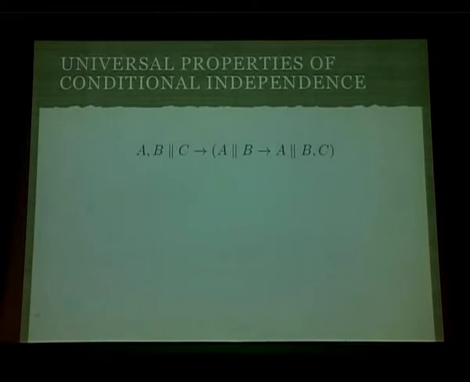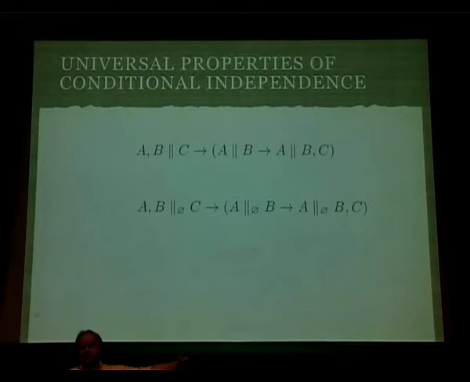So this is the most interesting axiom that I discussed before, the exchange axiom. If I add the empty set everywhere, it means I don't fix anything here and don't fix anything there, and so on. That's still true. That's a property of conditional independence. Not a very interesting one because it really focuses on what we discussed before.